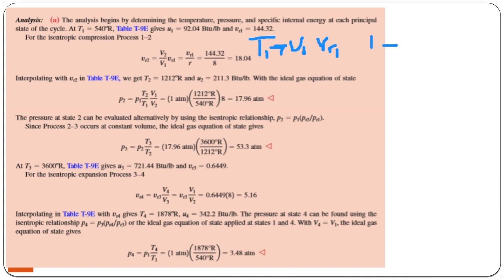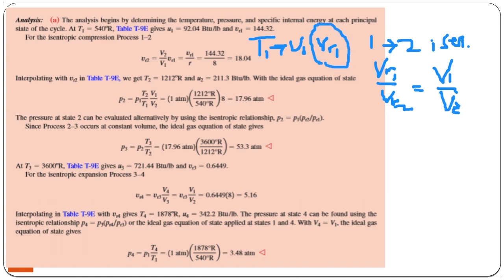we have the relationship of VR1 over VR2 being equal to V1 over V2. This can be used for isentropic processes. So once we have this VR value from the table, then because we already know V1 over V2, which is actually the compression ratio, we can calculate VR2.